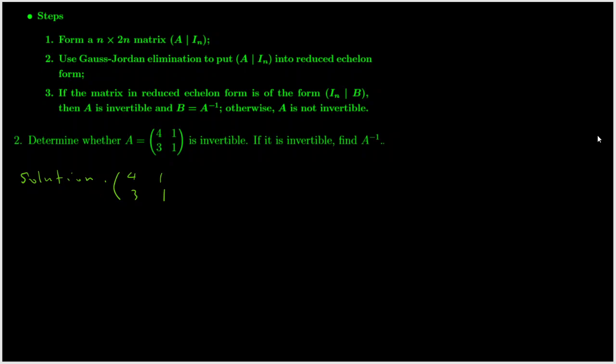And then you use a bar to separate the given matrix A and the corresponding identity matrix. I in this case is a 2 by 2 matrix, 1 0 0 1, right? That's step 1. That's what we meant by forming a matrix in that form.